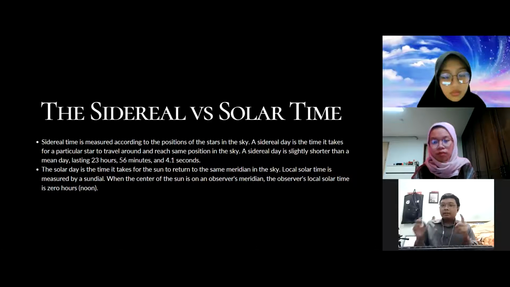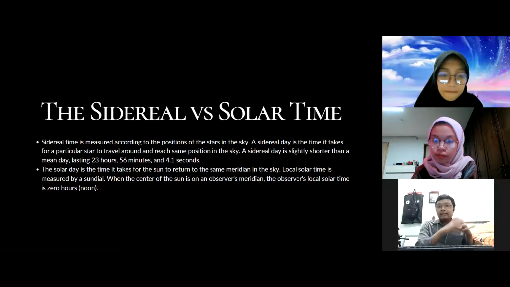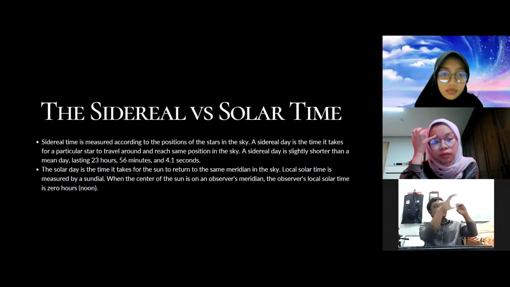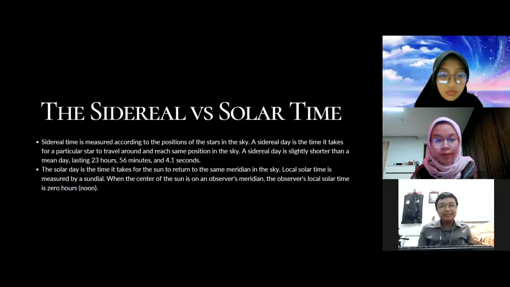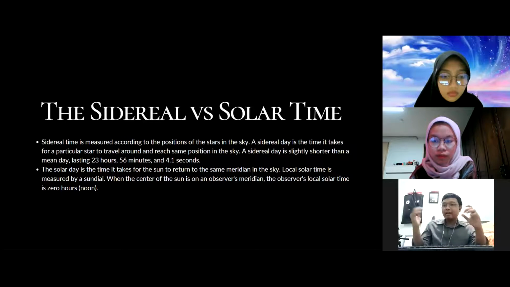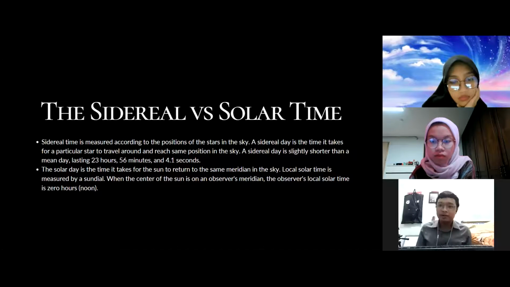But to get the Earth to face the sun again, it needs about one more degree, or 4 more minutes, to complete the rotation from the sun to the sun again. Why? Because as we know, we are revolving around the sun, so the sun is going to be farther away, and we need 4 more minutes to rotate into the new day. So the actual day is going to be 24 hours.